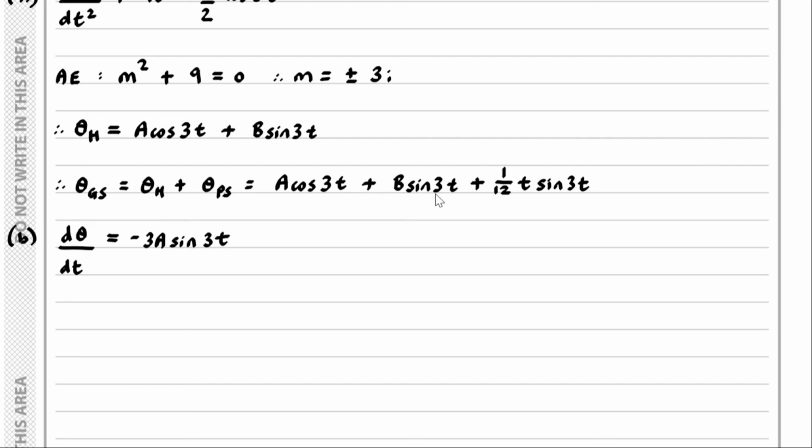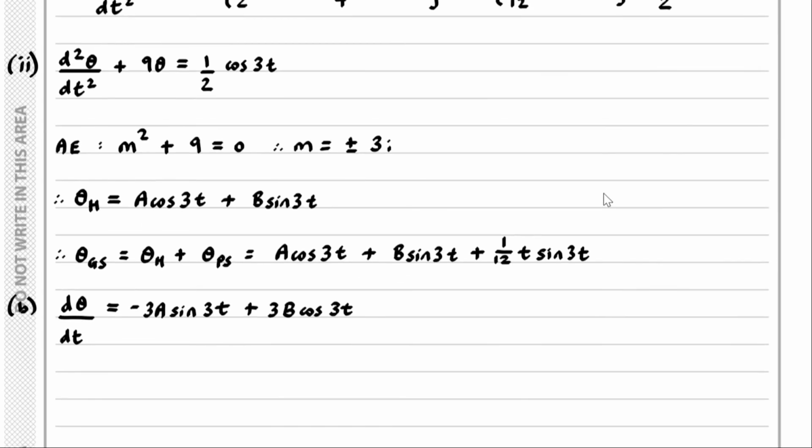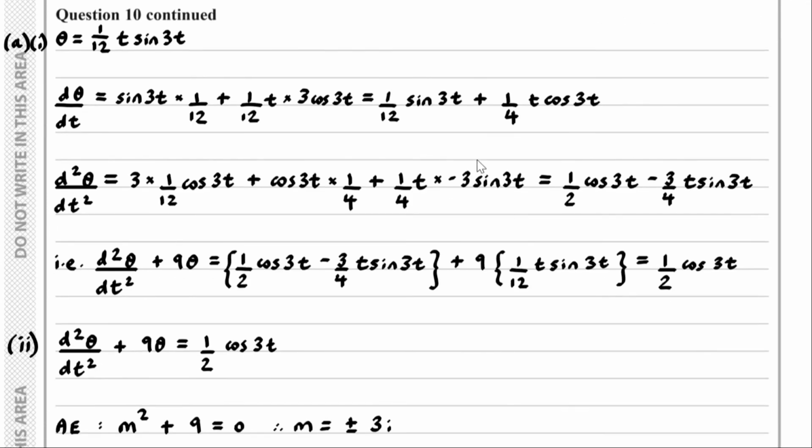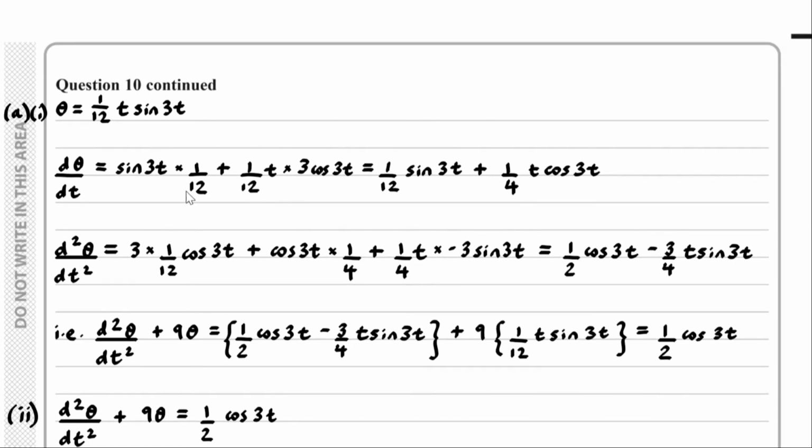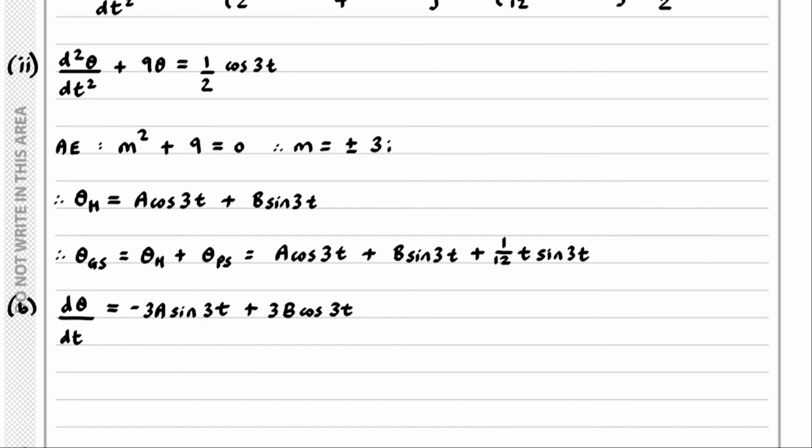And if I differentiate b sine 3t, I end up with 3b cos 3t. And if I differentiate 1/12 t sine 3t, well, I've already found out what that is. It turns out that result is over here as 1/12 sine 3t plus 1/4 t cos 3t.